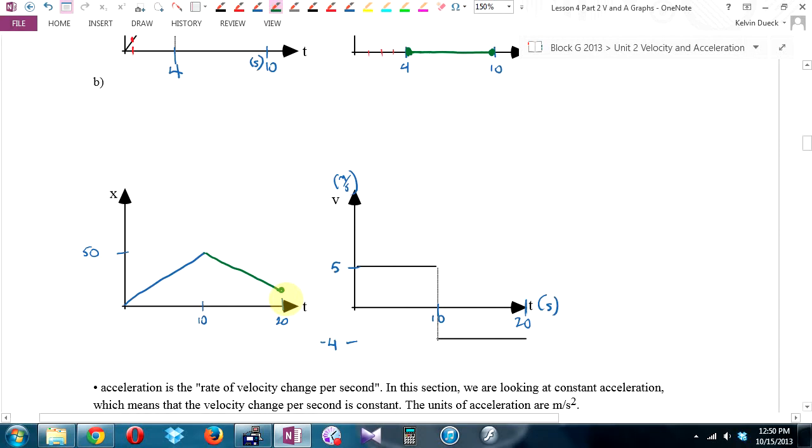In fact, I don't think I made it home. Because if I traveled for 10 seconds at 5 meters per second forwards, but I only travel for 10 seconds at 4 meters per second backwards, I don't think I'm making it home. Which is why my graph does not end at 0 high. In fact, can you figure out how high it would need to end at?